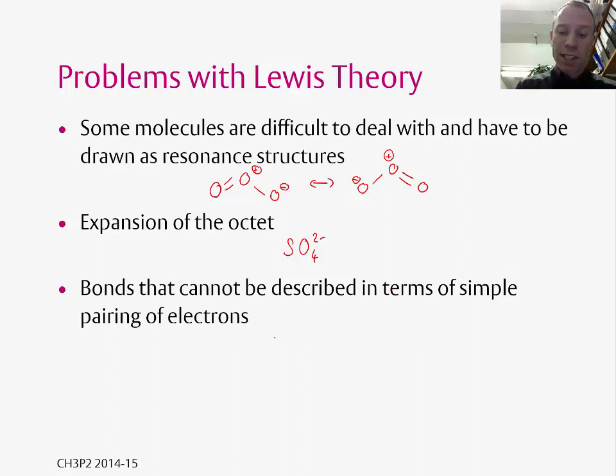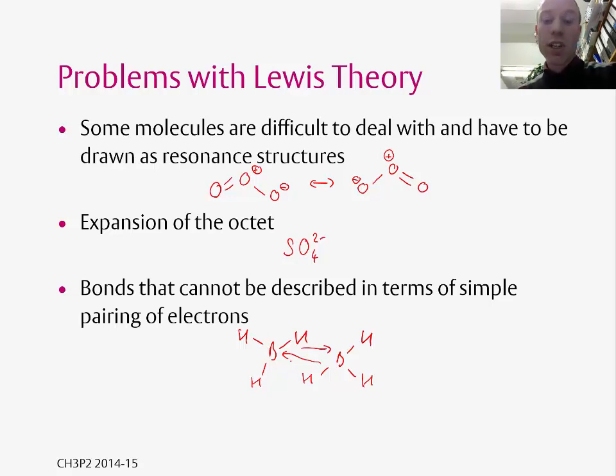A simple example of this is something like B2H6, where it's often drawn like this. So some sort of sharing of electrons between two molecules, but this can't be described in terms of Lewis theory.